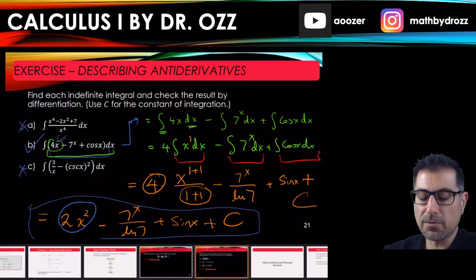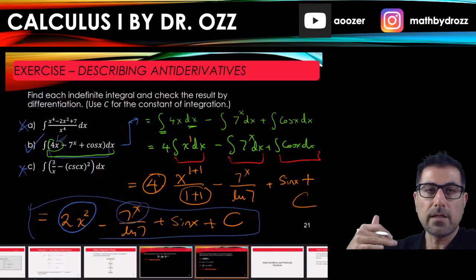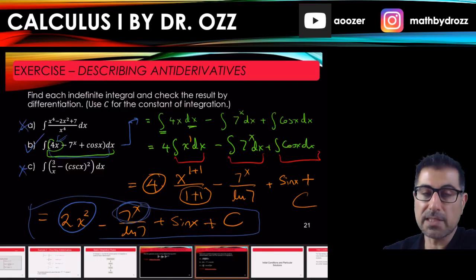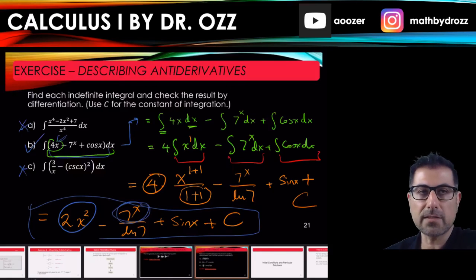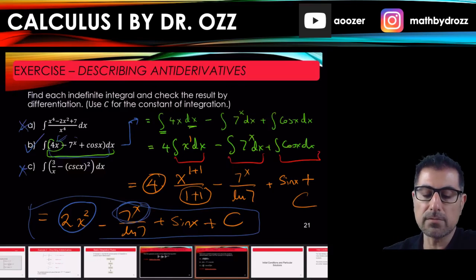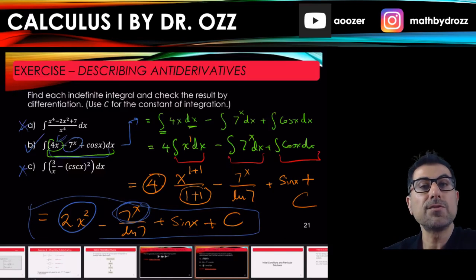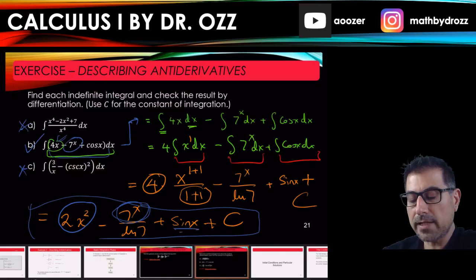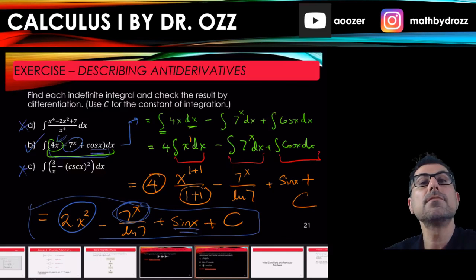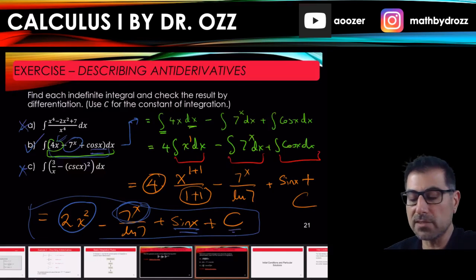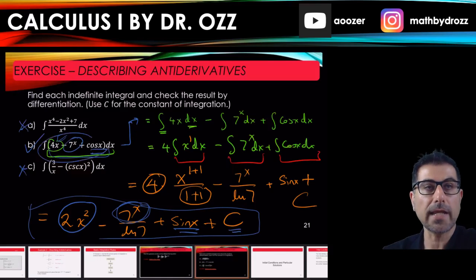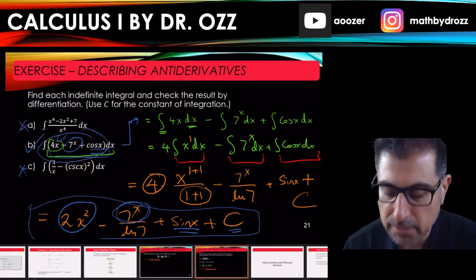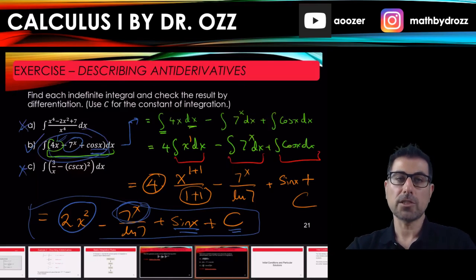If I take the derivative of 7 to the x divided by ln 7, the derivative of 7 to the x is ln 7 times 7 to the x, but the ln 7's cancel out, so you go back to 7 to the x. And we know that sine has a derivative cosine. And then c has the derivative 0, so you go back to this entire integrand after the differentiation process.